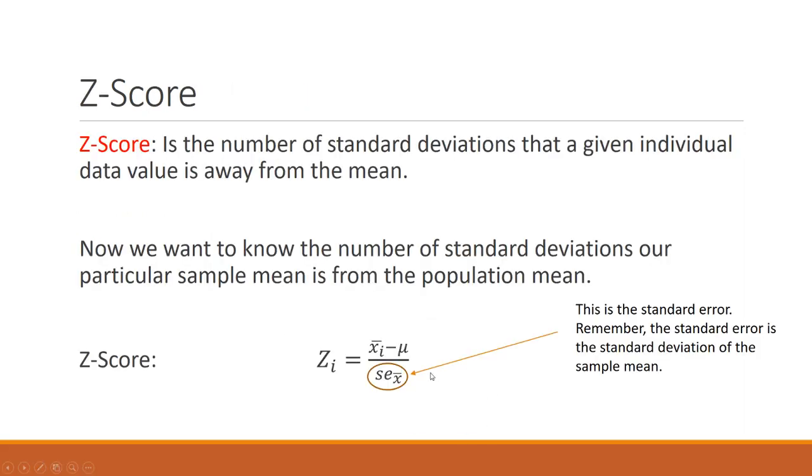Now, you might notice that we have a problem here. Like I said before, we don't know the true population mean. So unfortunately, we can't directly say how extreme our particular sample mean value is relative to the true sampling distribution of the mean.